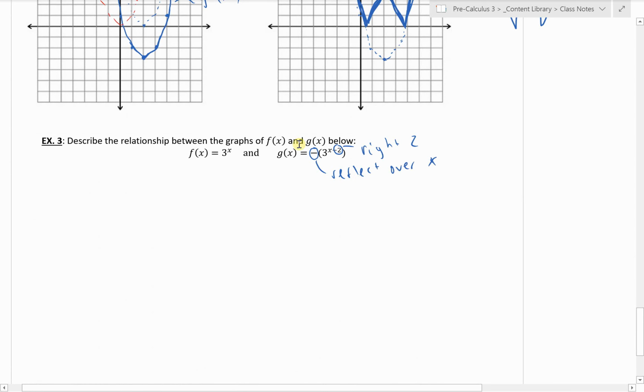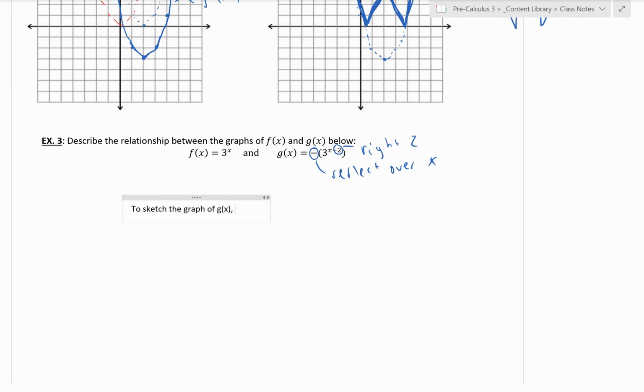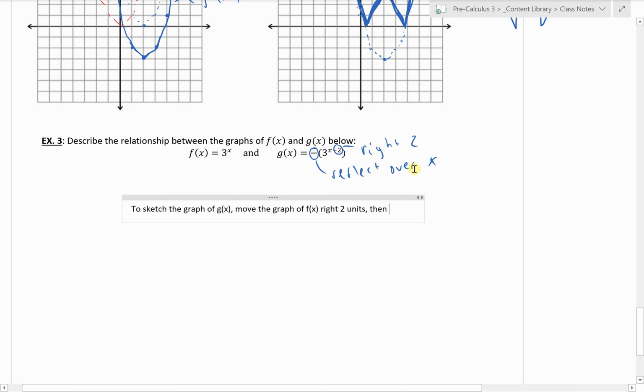So if we were to kind of write our answer out a little more neatly here, we could say to sketch the graph of g of x, move the graph of f to the right 2 units, then reflect it over the x-axis.